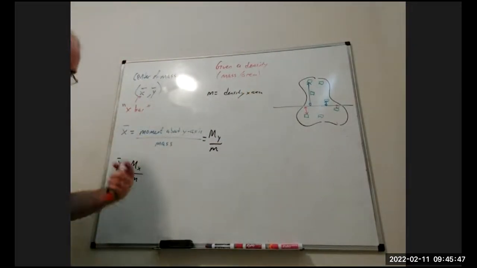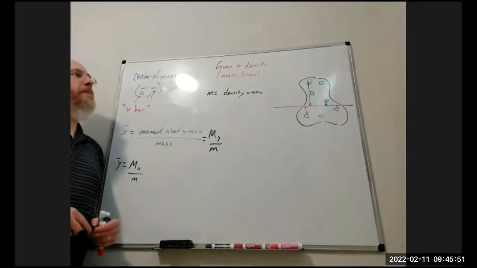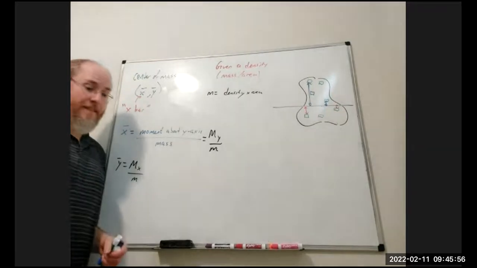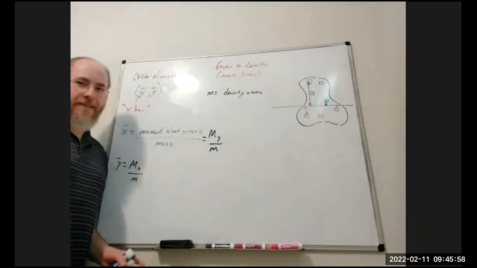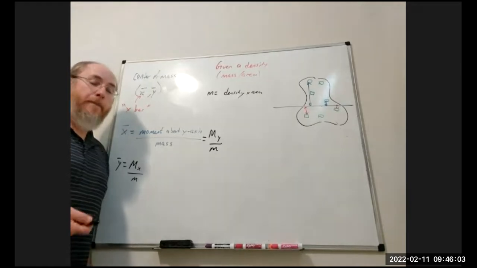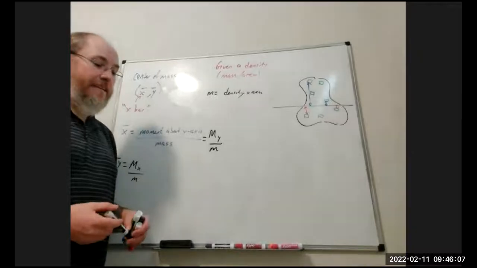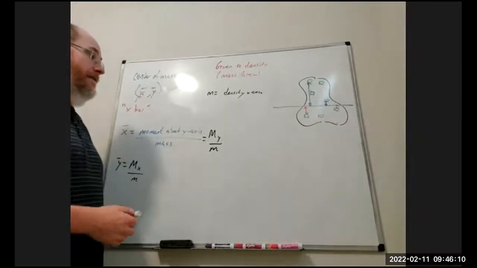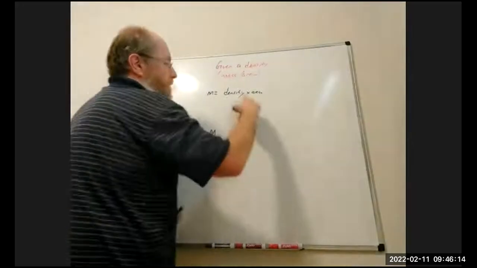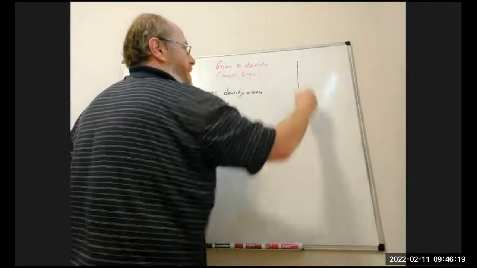Now, let's think about this in the two different ways that could happen. One is we could have density that's constant. If we've got constant density, then that's awesome. We just take the area of the shape and we multiply it by that density and we're done. But if we have variable density, if it's a density that depends on x, then we're going to have to use an integral to get the total mass. So let's look at a shape that looks like this.